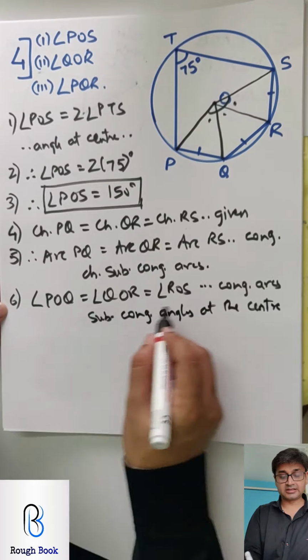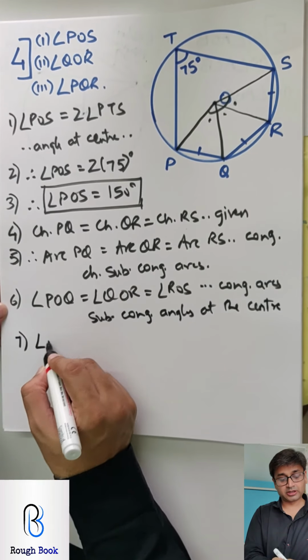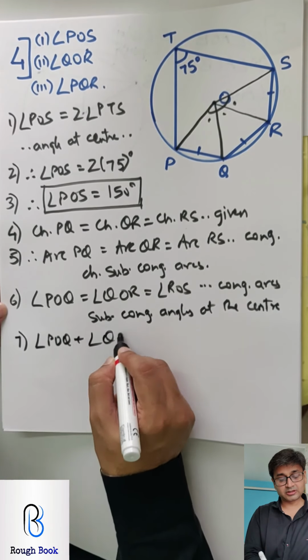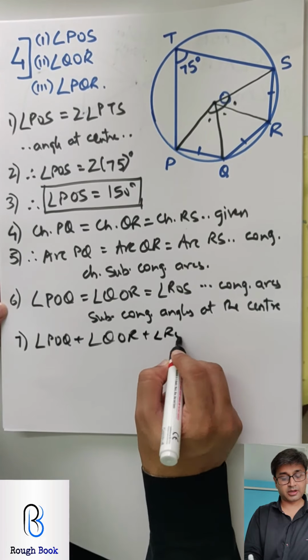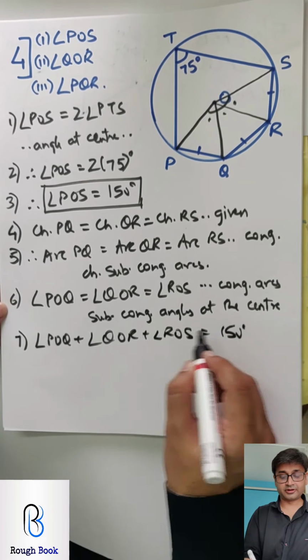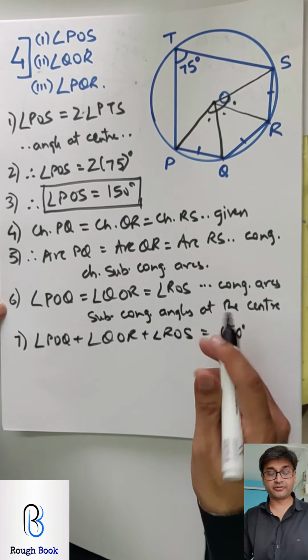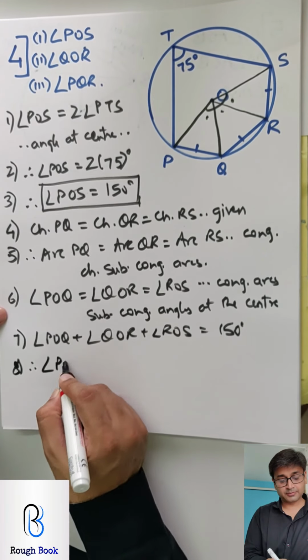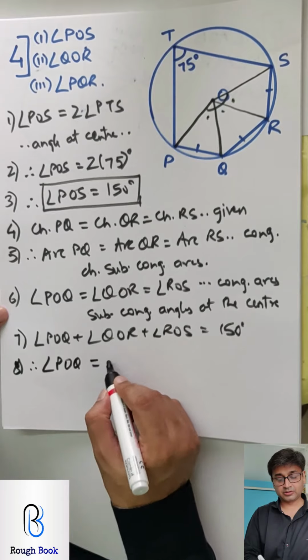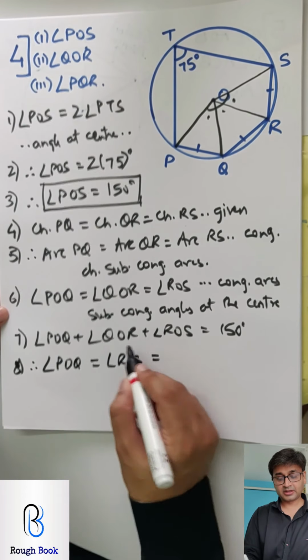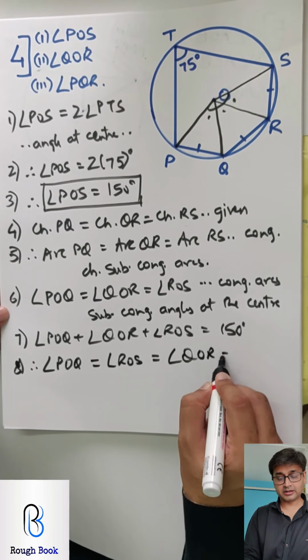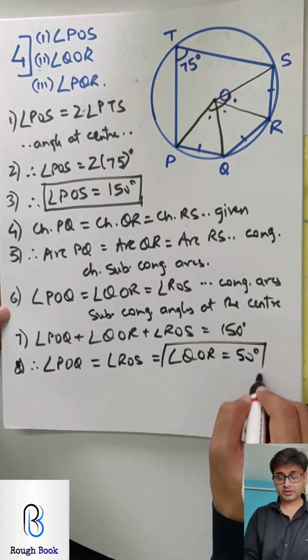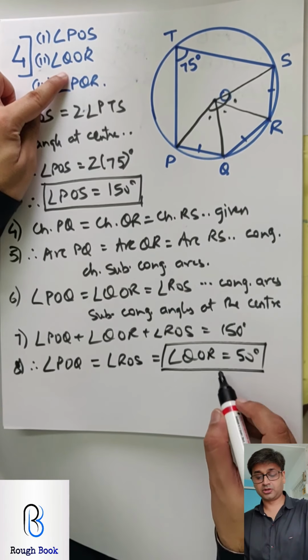Now all three angles are equal, but their total, POQ plus QOR plus ROS, is equal to 150. So each is going to be 50, correct? So therefore I can say that angle POQ is equal to ROS is equal to QOR is equal to 50. So you got your second part, QOR.